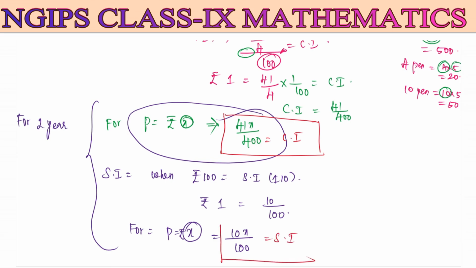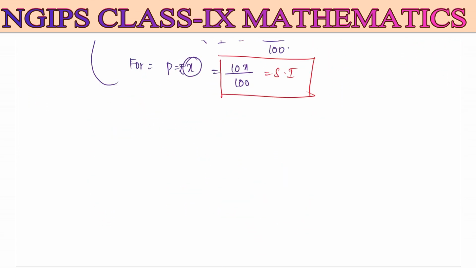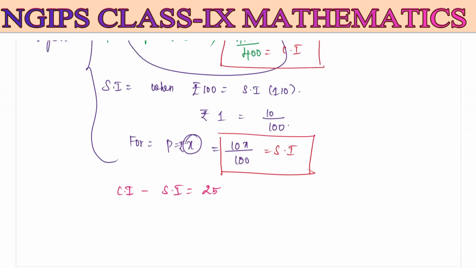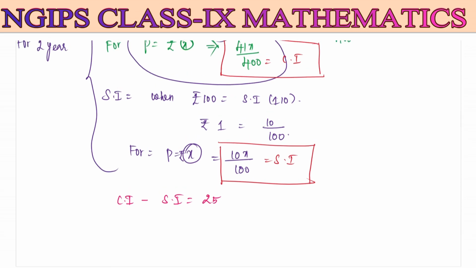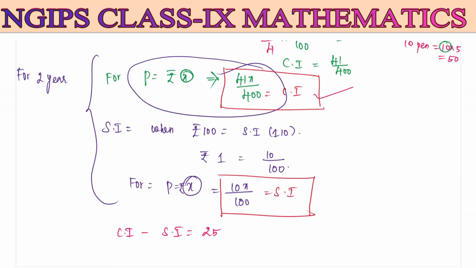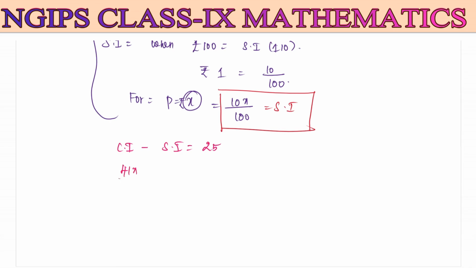If you subtract both, we are going to get the principal. So here we have compound interest minus simple interest, which is rupees 25, right? So compound interest is 41x divided by 400, minus the simple interest, 10x divided by 100, is equal to 25 rupees.